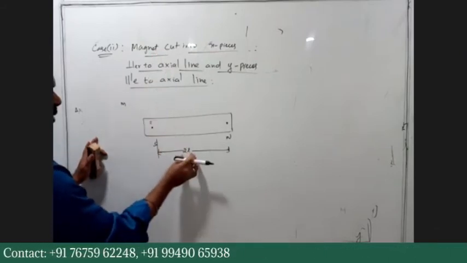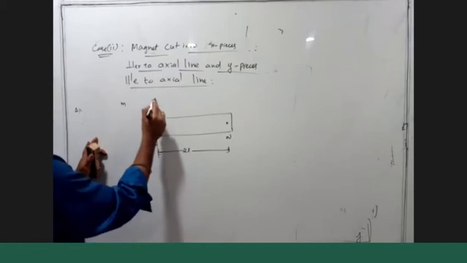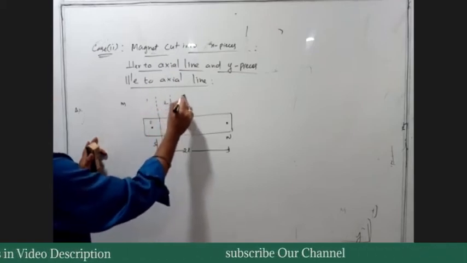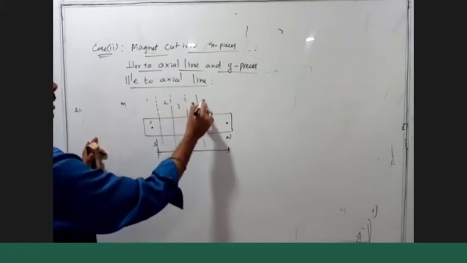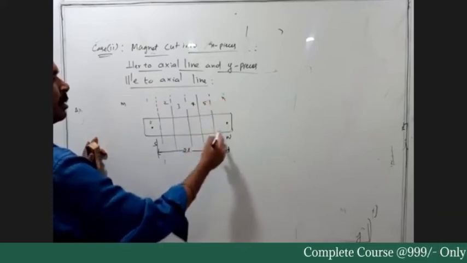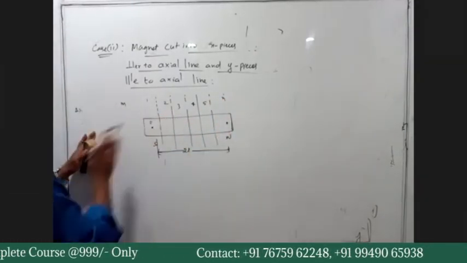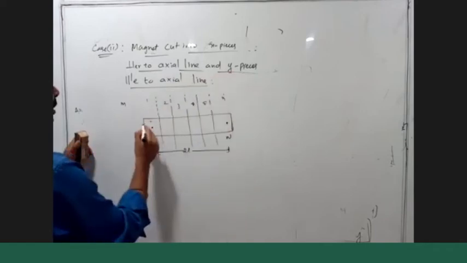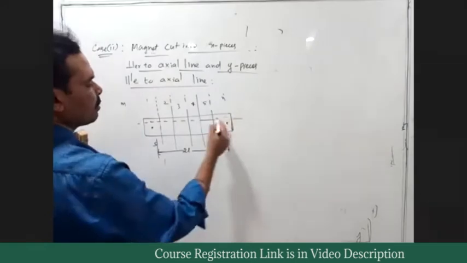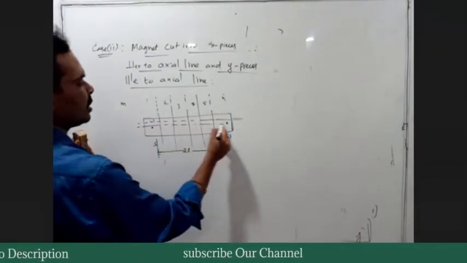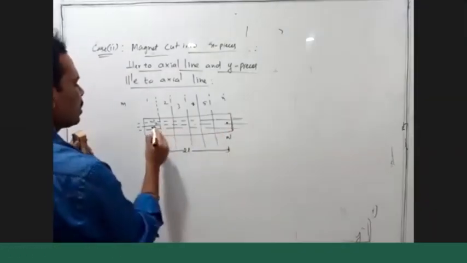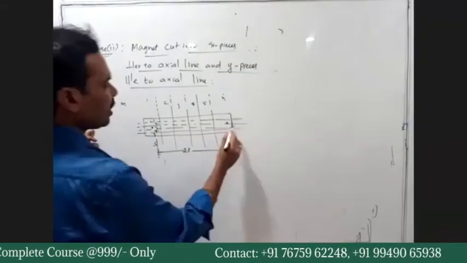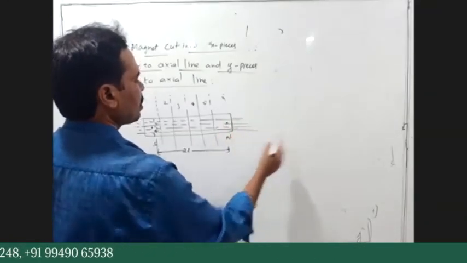So the total length 2L is cut into X parts in the perpendicular direction: 1, 2, 3, like that, X pieces in total. Similarly, parallel to the axial line, it is cut into Y pieces. This is the first piece, the second one, third one, fourth one, and so on, Y pieces.